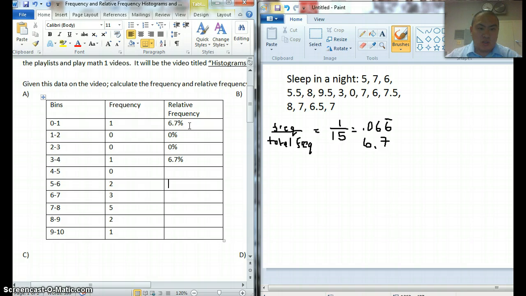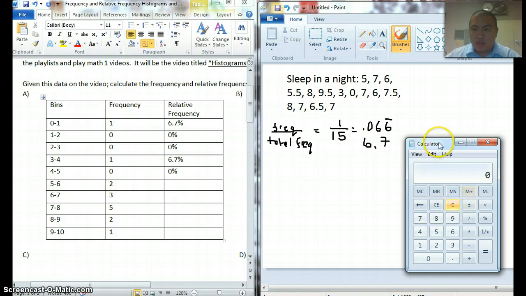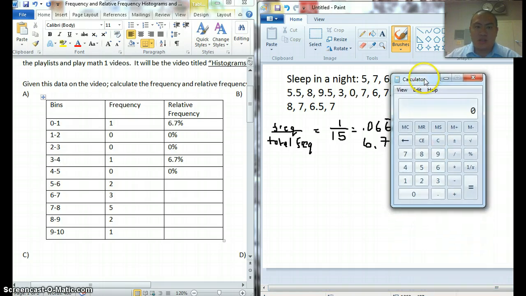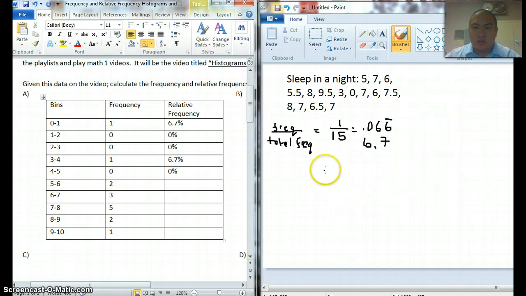Now let's see what 2 would be. If you understand percentages, you can make a guess. If 1 is 6.7%, 2 would be double 6.7%. So 2 divided by 15 gives me 13.3%.